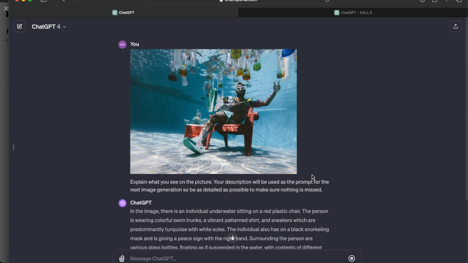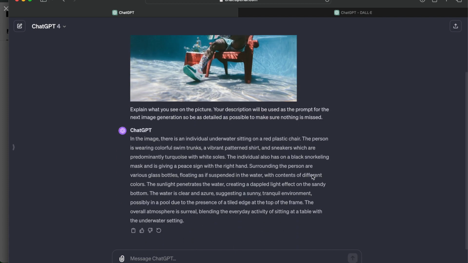Surrounding the person are various glass bottles floating as if suspended in the water, with contents of different colors. The sunlight penetrates the water, creating a dappled light effect on the sandy bottom. The water is clear and azure, suggesting a sunny, tranquil environment, possibly in a pool due to the presence of a tiled edge at the top of the frame. The overall atmosphere is surreal, blending the everyday activity of sitting at a table with the underwater setting.